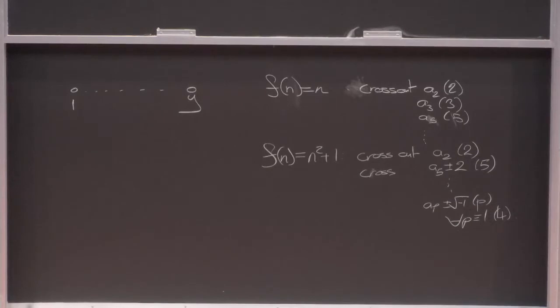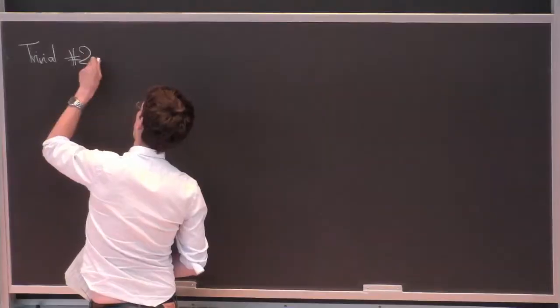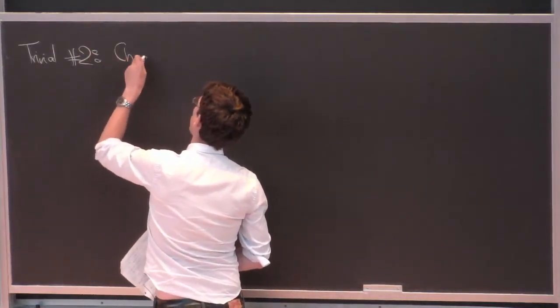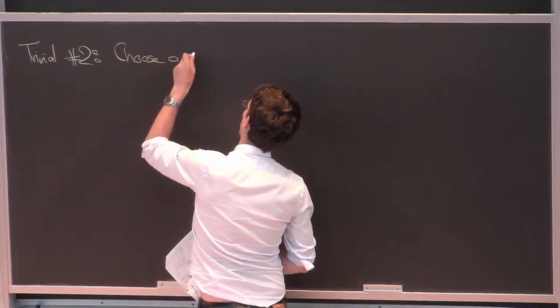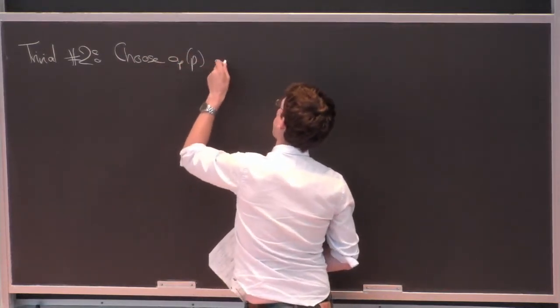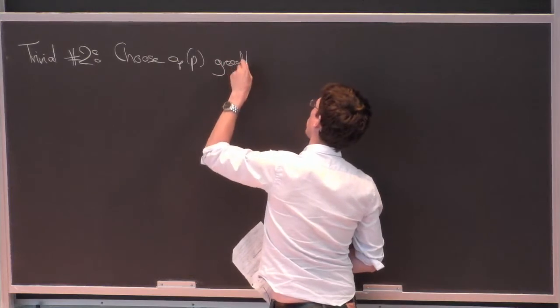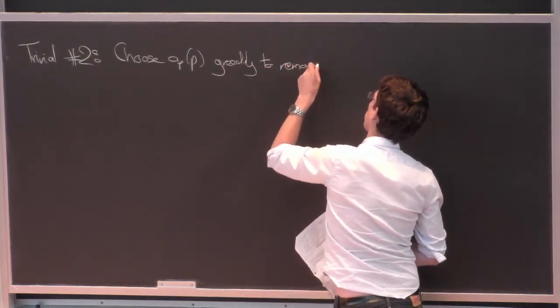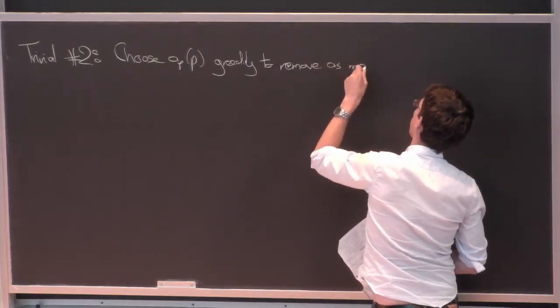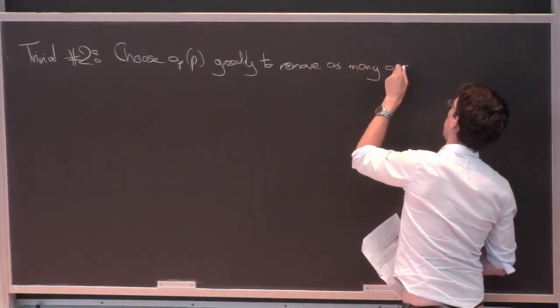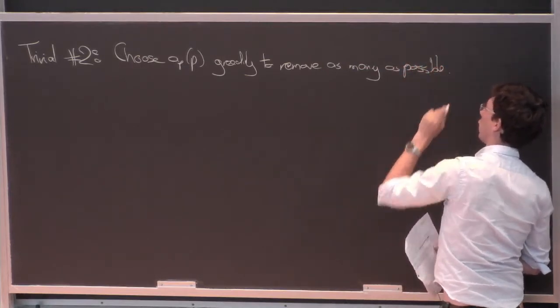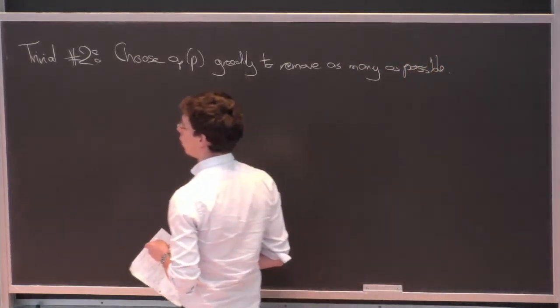So the second trivial attempt is to choose a_p mod p greedily to remove as many as possible at each stage.